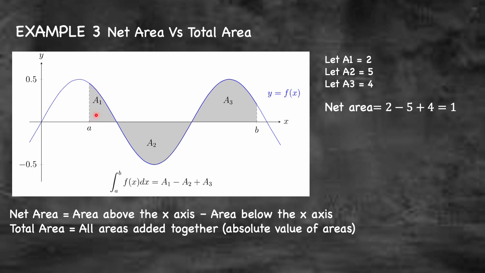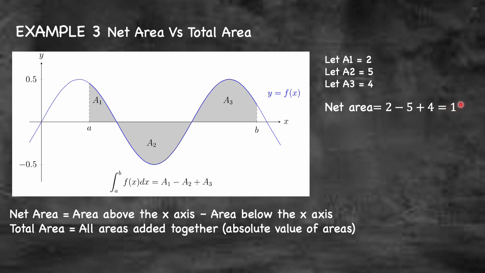When I take the area of A1, that's above the x-axis, so that's going to be a positive. When I find A2, that's below the x-axis, so that's going to be a subtraction of 5. And then for A3, that area is 4, and that's above the x-axis, so that's going to be considered a positive. So when we evaluate this, we get 1.